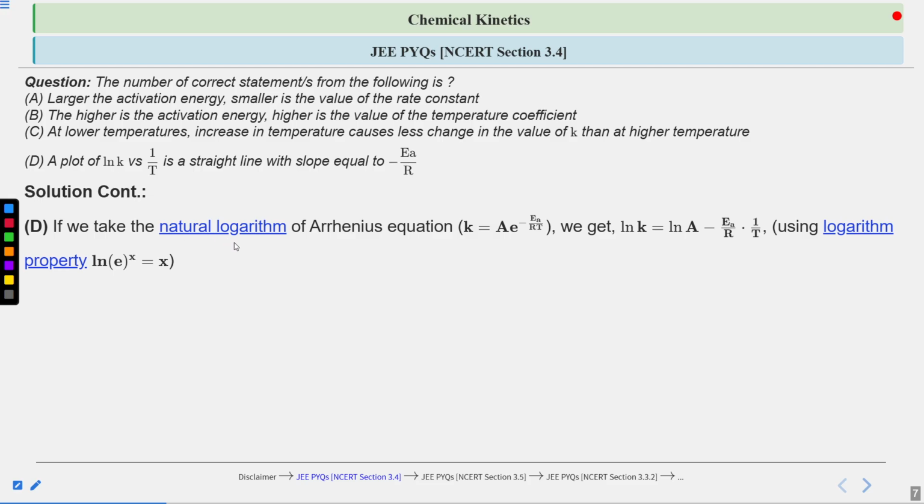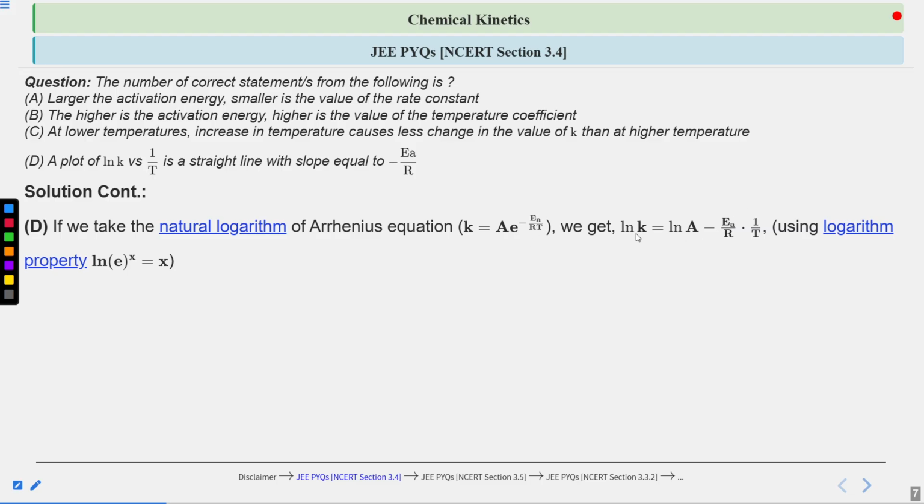So if we take the natural logarithm of the Arrhenius equation, which we already know, k equals A e to the power minus EA by RT, on both sides, you will get ln k equals ln A minus ln of e to the power minus EA by RT.